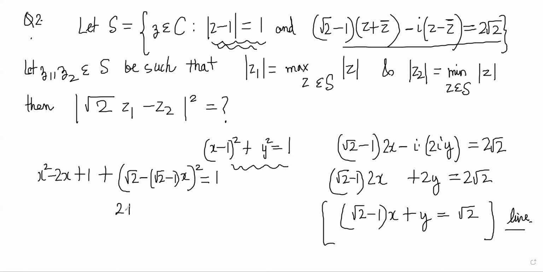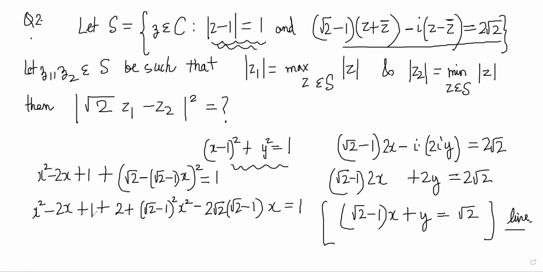So this becomes 2 plus root 2 minus 1 whole square x square minus 2 root 2 minus 1 x, and you have x square minus 2x plus 1 here, is equal to 1. 1 gets cancelled. You have x square term here; you add 1 and this, you get 1 plus 2 plus 1 minus 2 root 2, right?